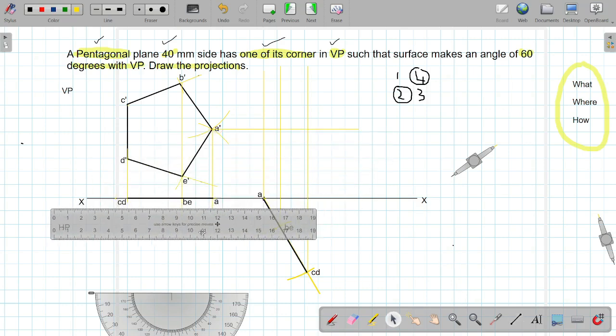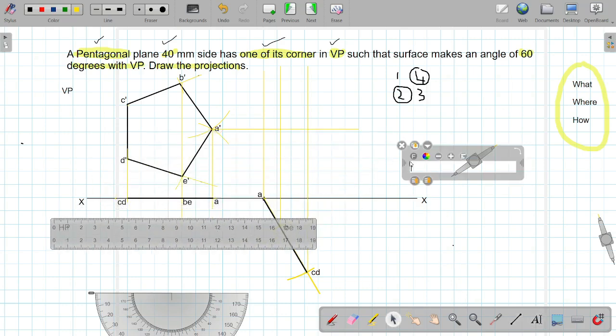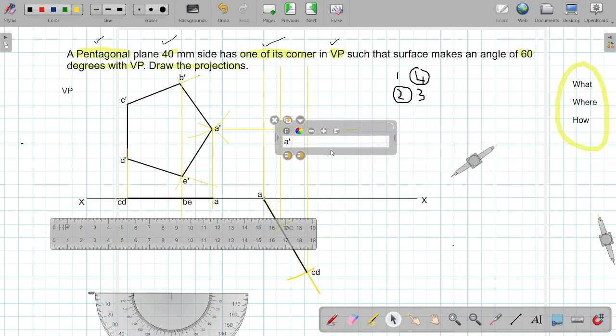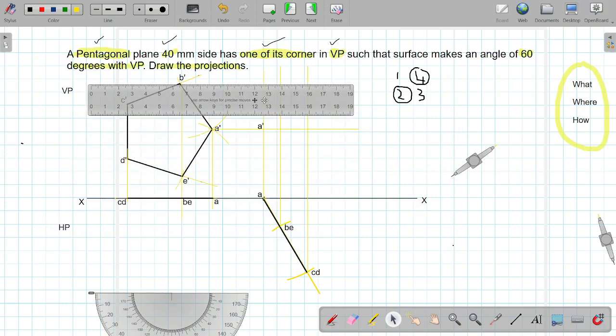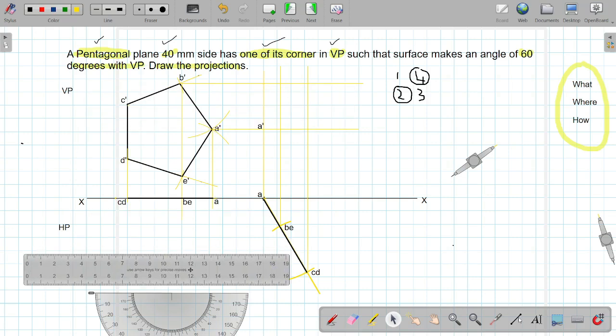Wherever it meets, I will name that point as A dash. Then taking projector from B, wherever they meet will be named as B dash, which is here. The intersection of projectors from the front view and this particular step. Then C, again making a projector.